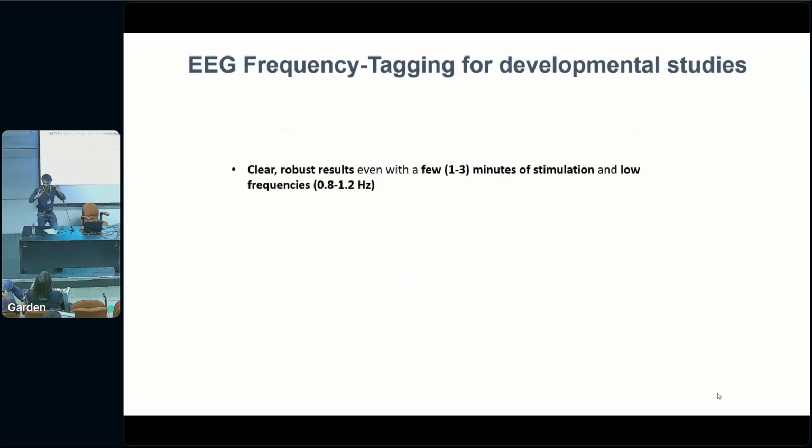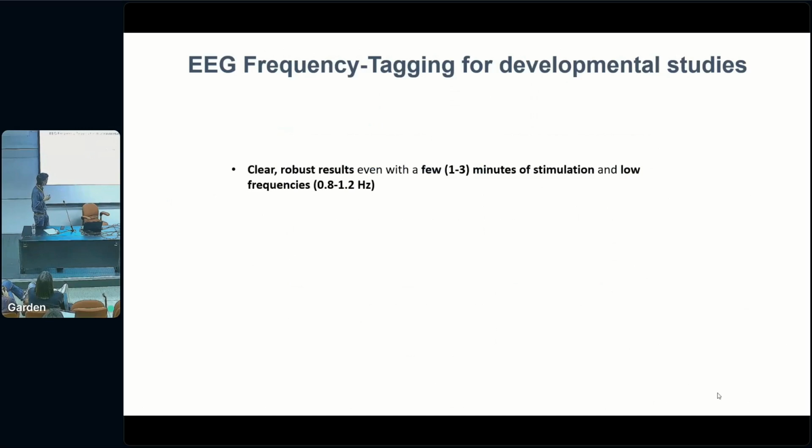So very brief conclusions, just to remind you what I talked about. First of all, I showed you some, what I think are clear and robust results of using frequency tagging in developmental EEG studies.